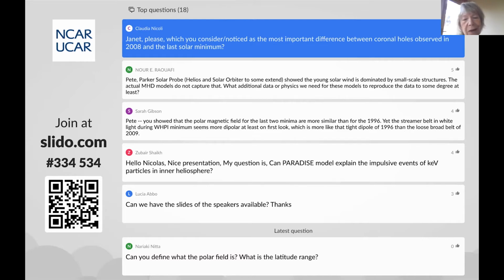But we may be going back to a more normal, in quotes, state, except for the fact that the polar field is still weak. So every cycle we've seen has been different. The 2008 one is cleaner from the viewpoint of interpreting it, I believe. And so maybe we should always be mindful of the fact that we have that data when we're looking at the present cycle and do regular comparisons.